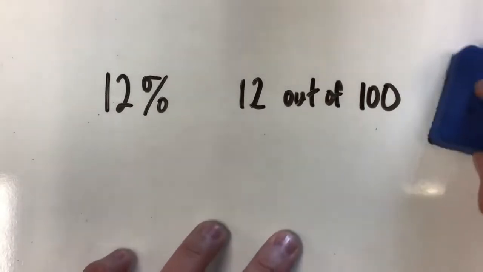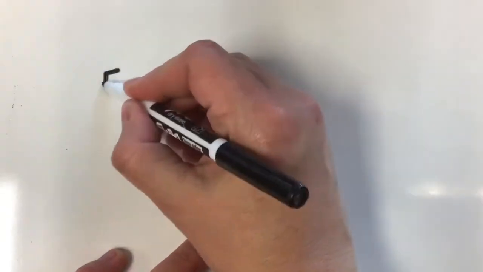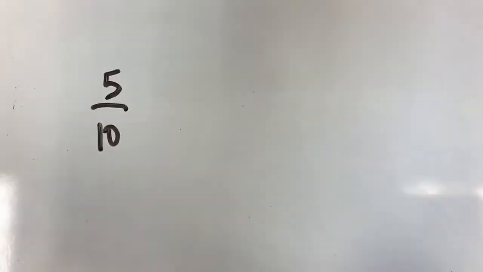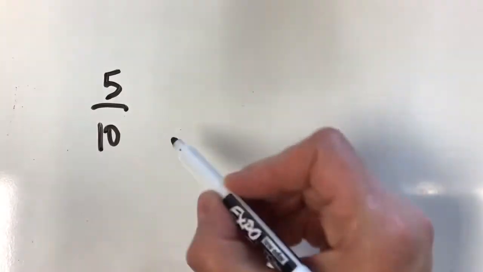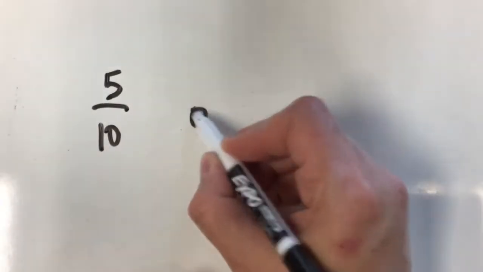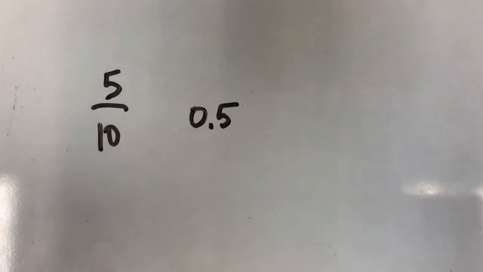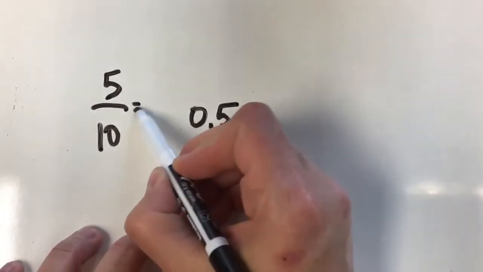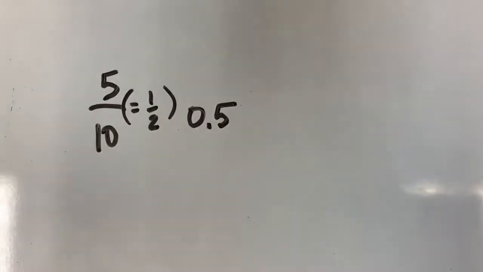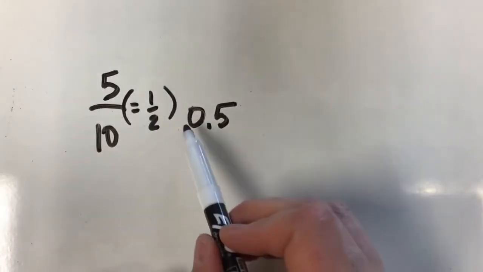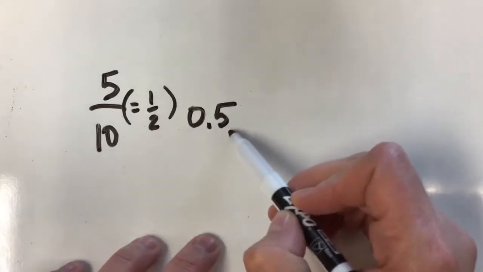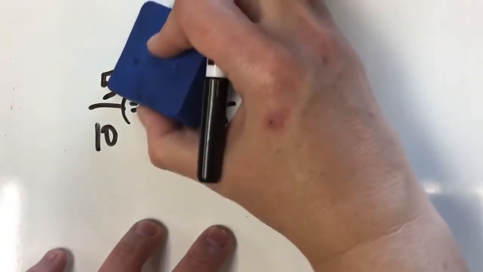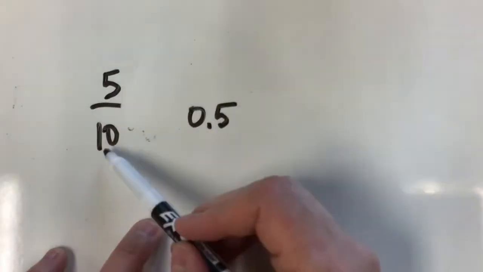For example, you could have the fraction 5/10, which we all know means half. This is writing that ratio as a fraction. Then in decimal form, 5/10, since the 5 would be in the tenths place, is 0.5, which, by the way, is the same as half. We would write the fraction like this, 5/10.